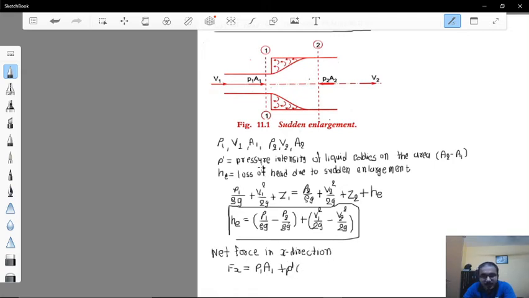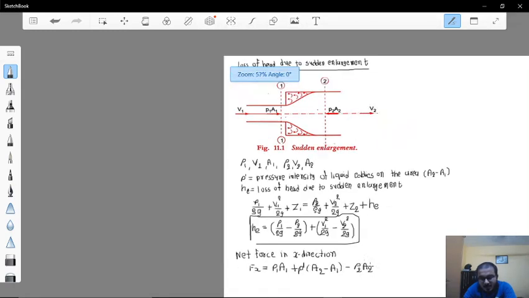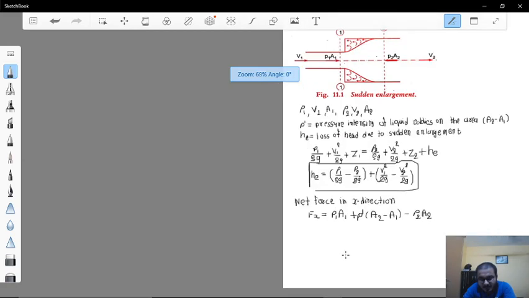P prime we have written pressure intensity of liquid eddies on area A2 minus A1, minus P2 A2.